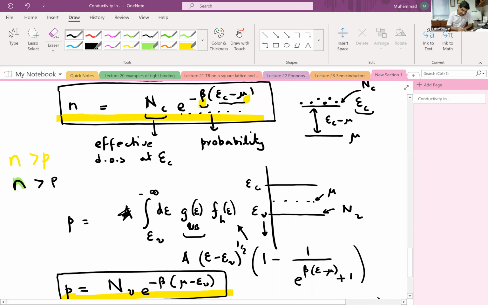Suppose for the time being that me star is the same as mh star, so the magnitudes of Nc and Nv are the same. If n is greater than p, with n dopants like arsenic or nitrogen inside the material, then n can be larger than p only if Ec minus mu is smaller than mu minus Ev.